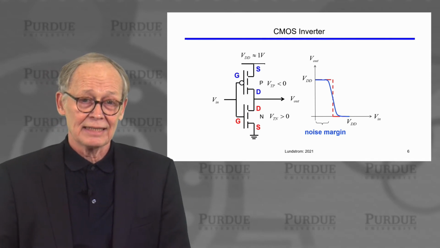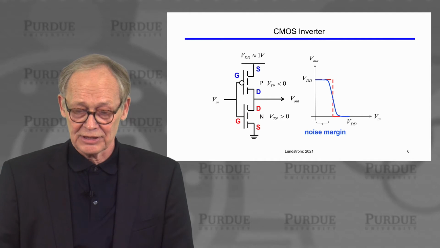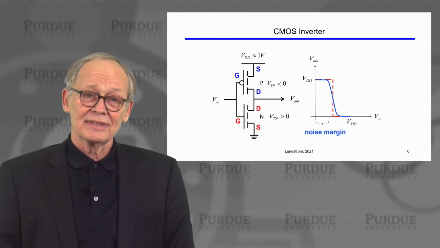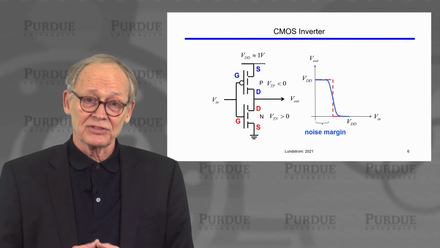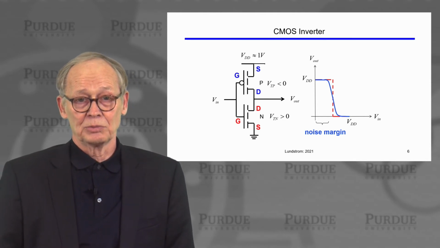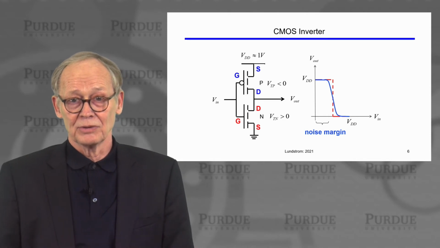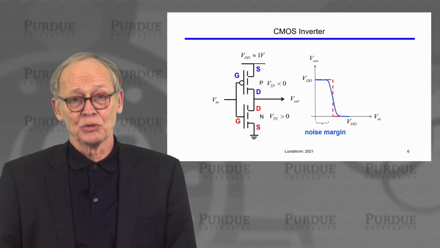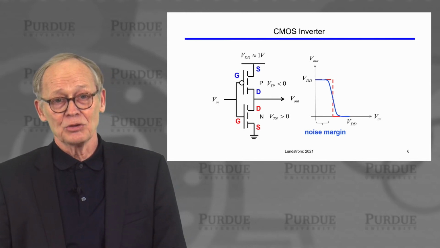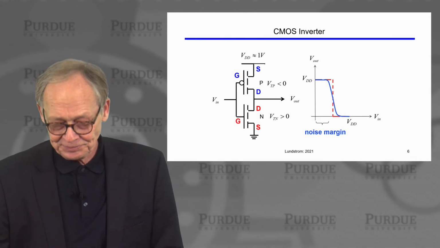We get the same high output voltage. And at the high voltage end, it's not sensitive to the precise value of the high input voltage. We get a low output voltage, the same low output voltage. This is referred to as noise margin. It's critically important so that errors don't accumulate in digital logic.